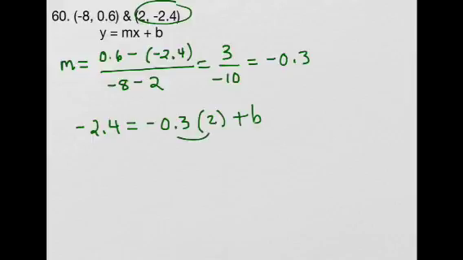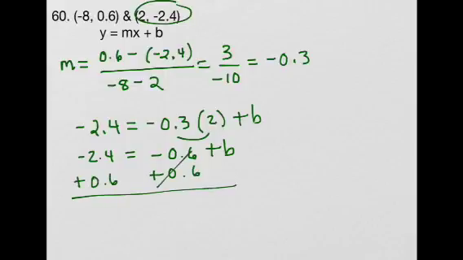So right here I get, let me write this down first, negative 6/10, and I'm going to add 6/10 to both sides. So we get negative 1 and 8/10 for b.